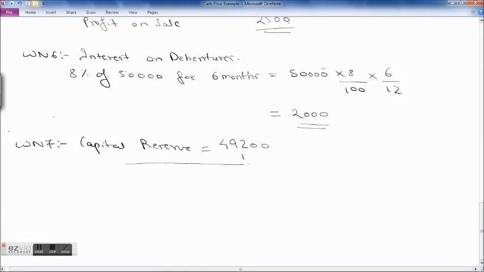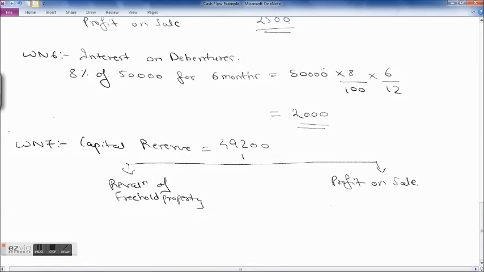One is the revaluation of freehold property, and the other one is profit on sale. Okay, right? Now profit on sale or proceeds from the sale. That is what is given here, right?